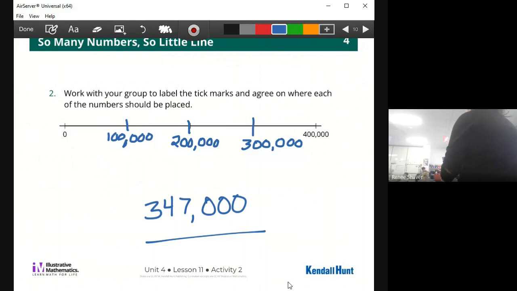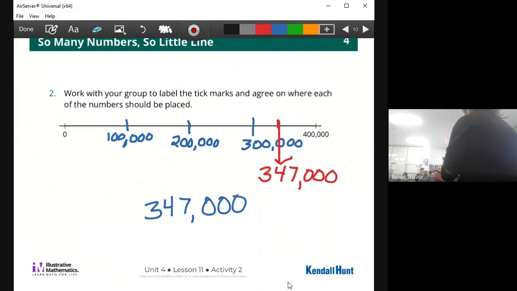If I put it right in the middle, that would be like 350,000, but it's a little bit less. So I'm going to do it in red. I might put it right here. And I'm going to draw a little arrow because I can't write that small.